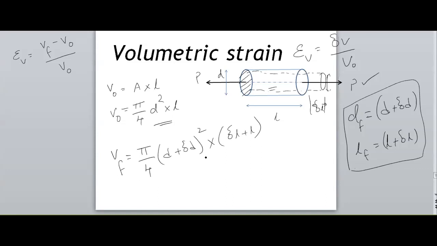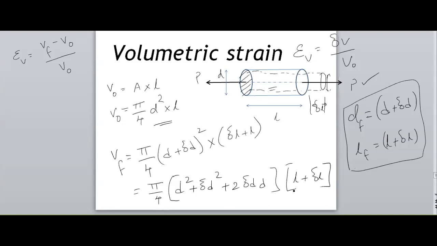D plus delta D whole square is A plus B whole square, so I can expand it as A square plus B square plus 2AB, into L plus delta L. Then the total equation needs to be multiplied with L, and with delta L also.